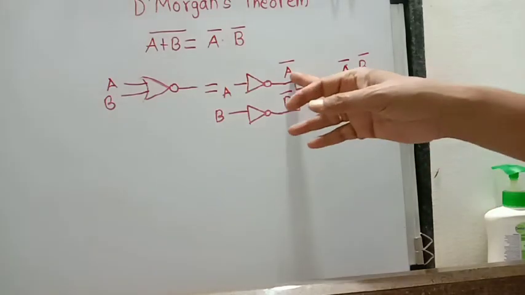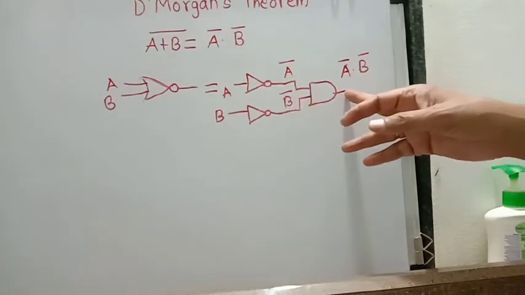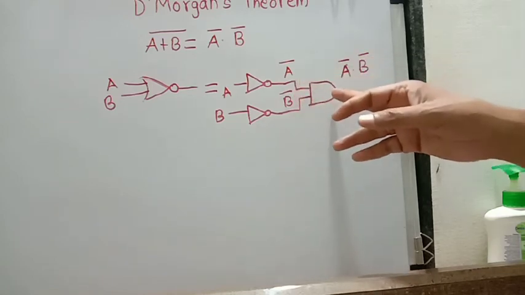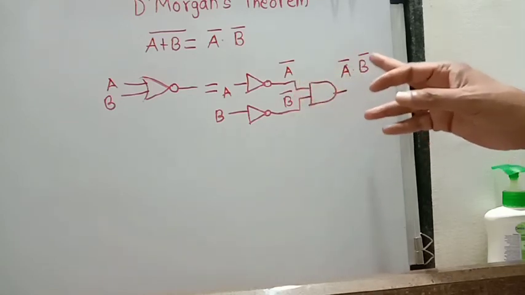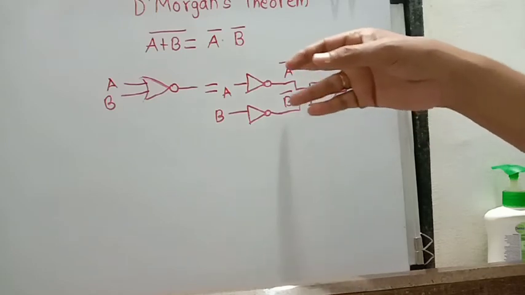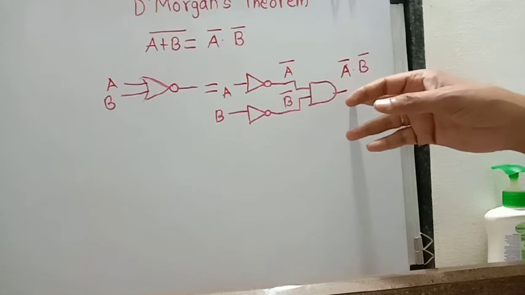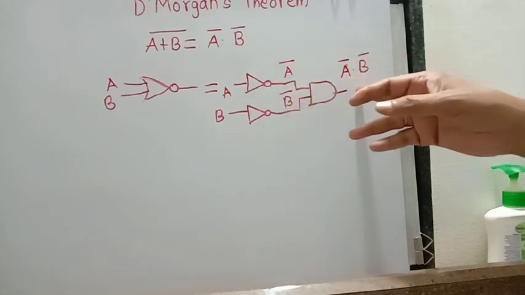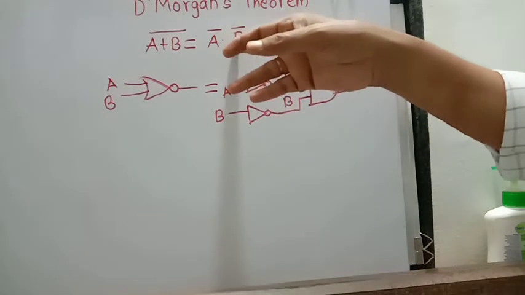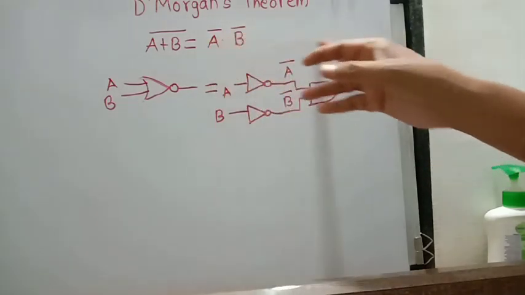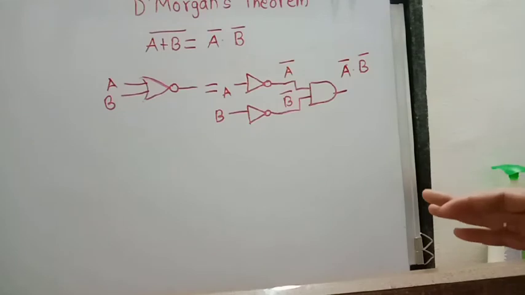If the inputs are A and B, the output of an AND gate is A into B, but here the inputs are A bar and B bar, so we get the output A bar dot B bar, which is the RHS. This is the logic diagram for the RHS.